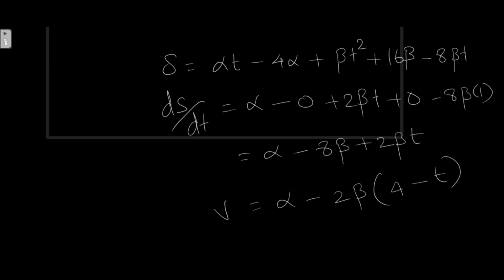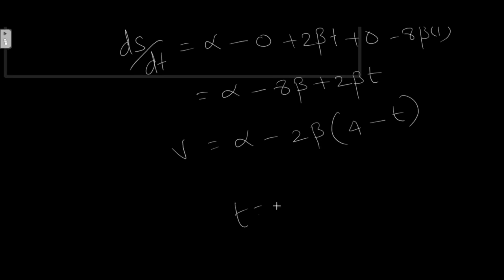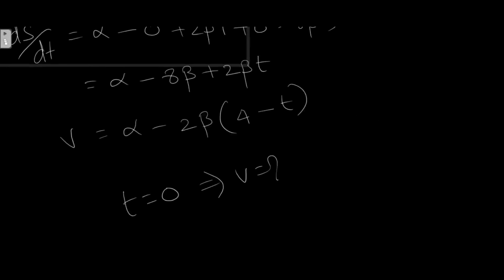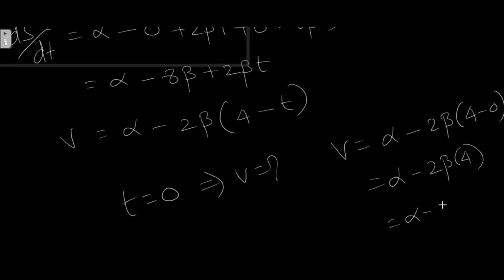So this is the velocity. At t equal to 0, what will the velocity be? Very simple: t equal to 0 means v equals alpha minus 2 beta of 4 minus 0. Alpha minus 2 into 4 beta, alpha minus 8 beta. This is the velocity.